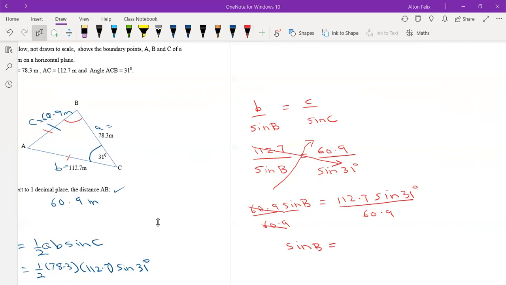To find B now, you are taking the sine inverse of this, or the arc sine. So let's do that. Second function, let's take arc sine of that. 72.4. That's our angle, 72.4.